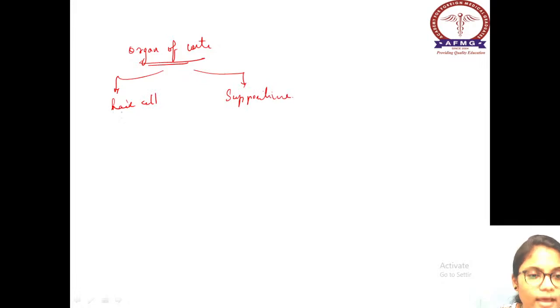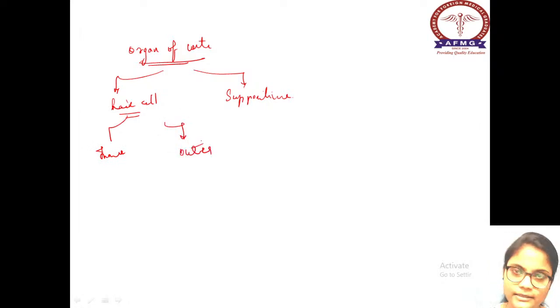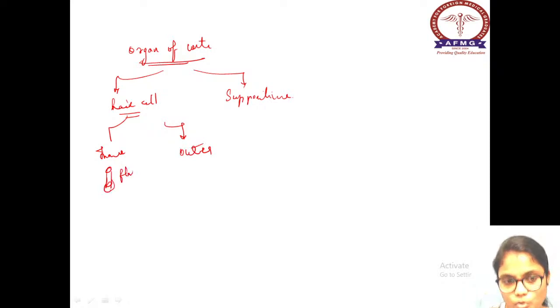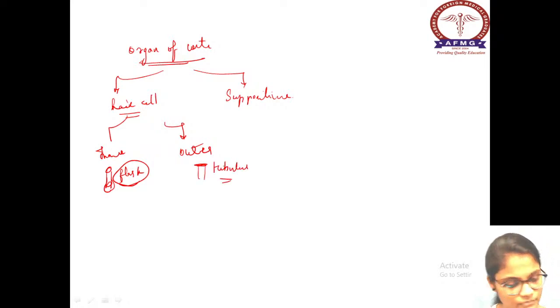In hair cells again there are inner cells and outer cells. The inner hair cells are flask shaped and arranged in a single row.